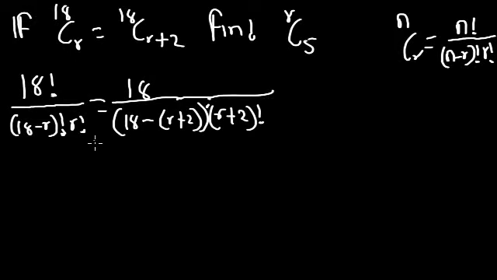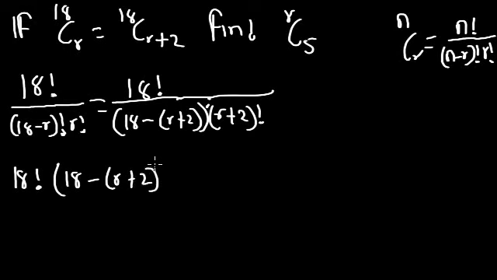First and foremost, what I would recommend doing is to cross multiply. Cross multiplying, we are multiplying this together and this together. Perfect. So I'm going to have 18 factorial, then multiplied by 18 minus r plus 2 factorial, and multiplied by r factorial, r plus 2 factorial.